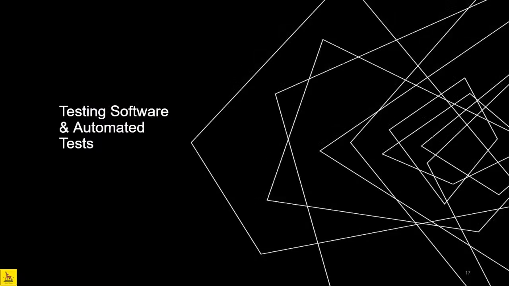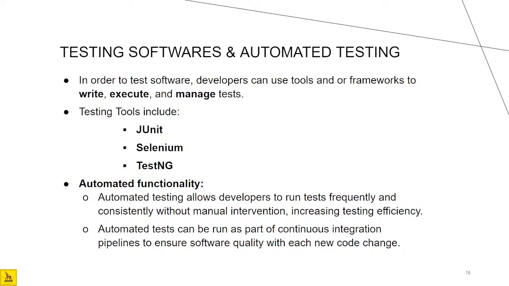So let's talk about testing software that we can use and automated testing. When we are looking for our testing software, developers can use tools or frameworks to write, execute, and manage tests. Testing tools include JUnit, Selenium, and TestNG.